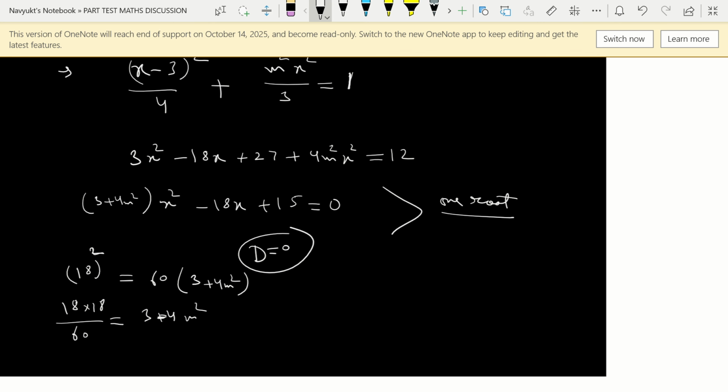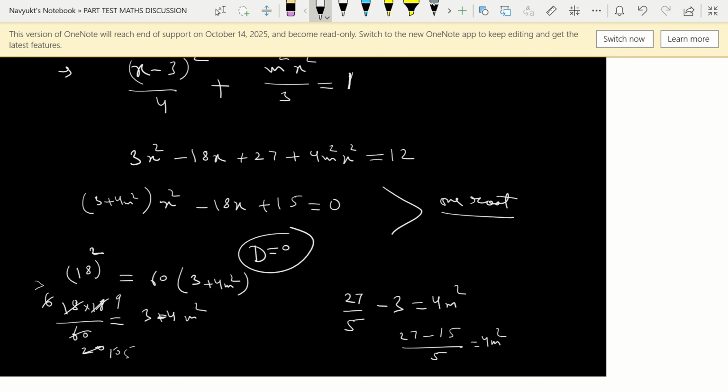So let's see how much we can cancel out. 18 square is 324, and 4 times 15 is 60, so we cancel and get 27 by 5 minus 3 equals 4m square, which is (27 minus 15) by 5, so 12 by 5 equals 4m square.